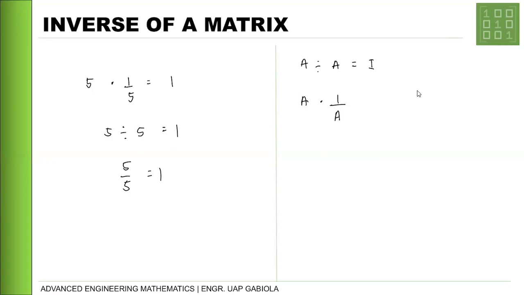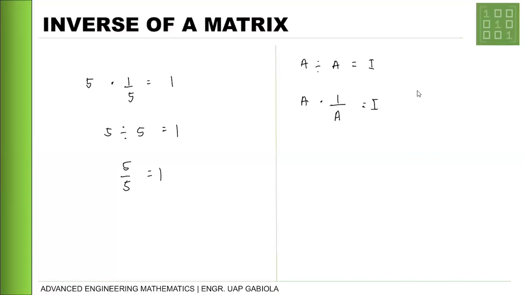As long as ma-satisfy natin yung chine-check natin for multiplication na dapat yung column ng first matrix should be equal to the row of the second matrix. Okay?